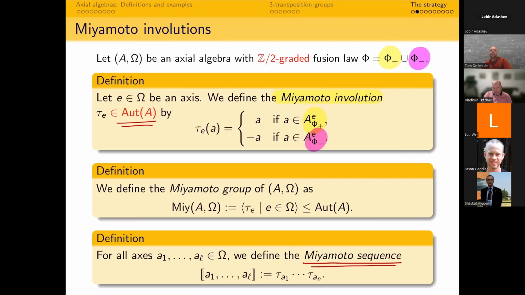It's nothing more than just a product of Miyamoto involutions. It's extremely simple to define, but we introduce a special notation for this, a nicely looking double square bracket notation. It just means that you take the product of the corresponding Miyamoto involutions. So this is again an automorphism of the algebra.